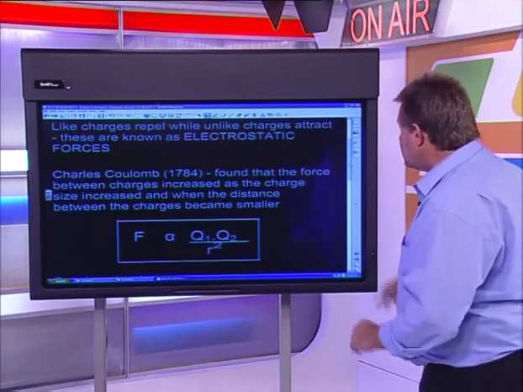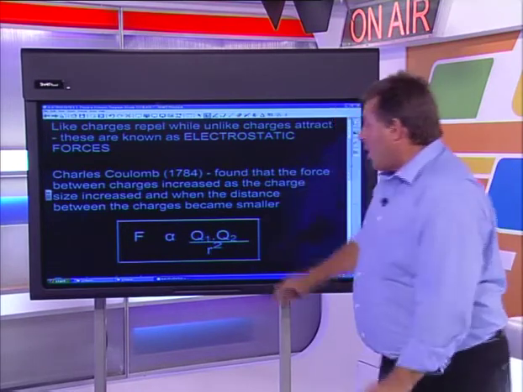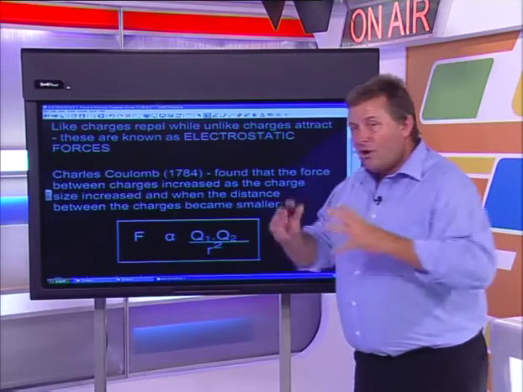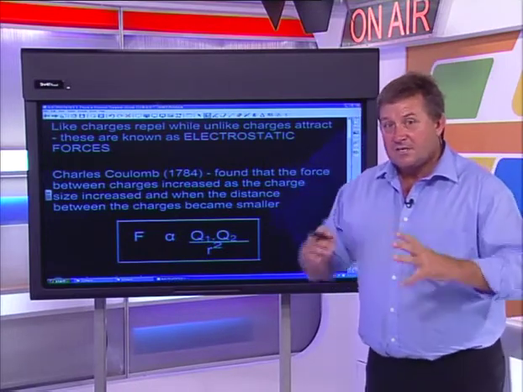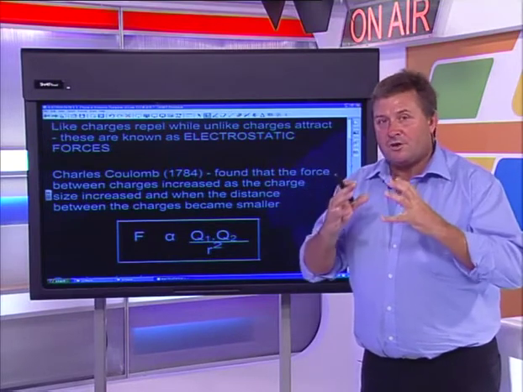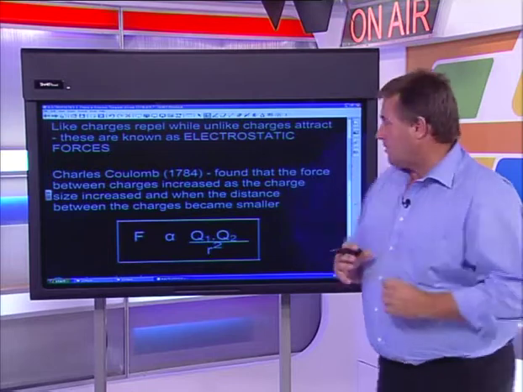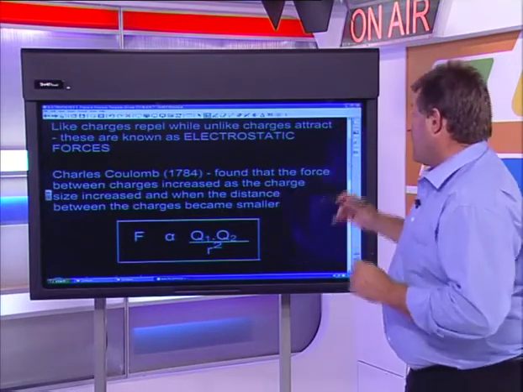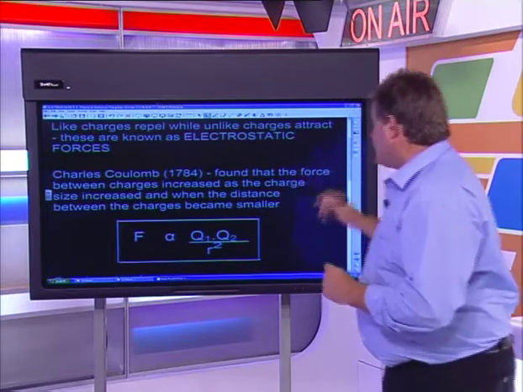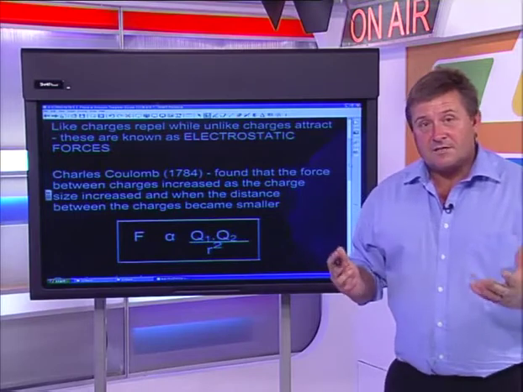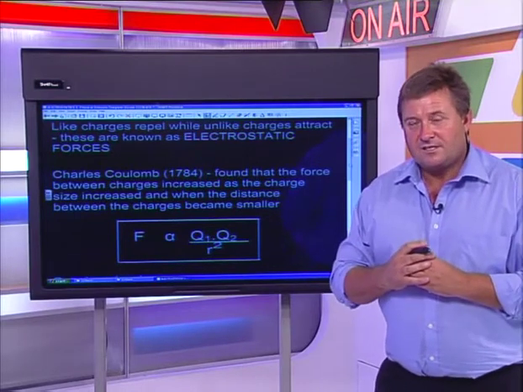And what did he find? He found that the force between the charges increased as the charge size increased. In other words, as the charge got bigger and bigger, there was a bigger charge on the object, so that force started to increase. However, when the distance between the charges became smaller, he also found that the force was going to increase.